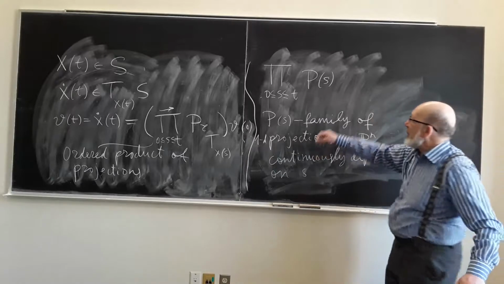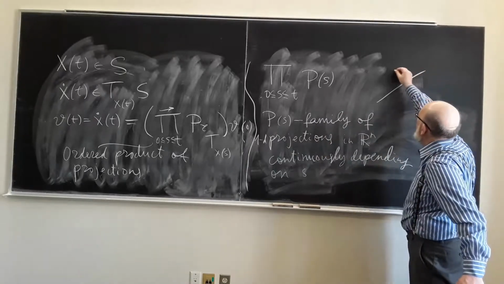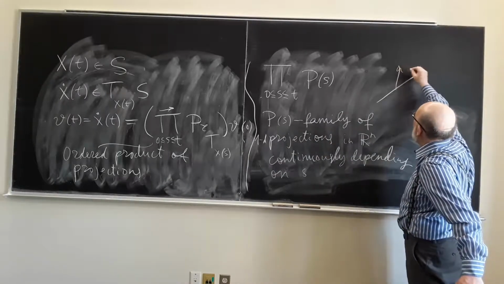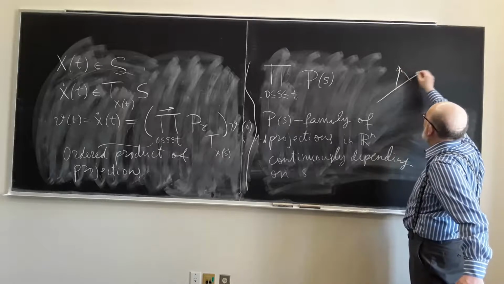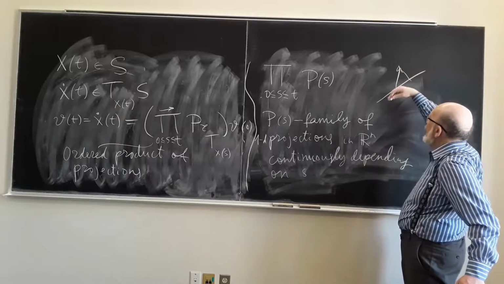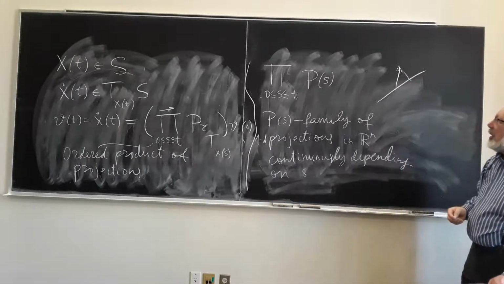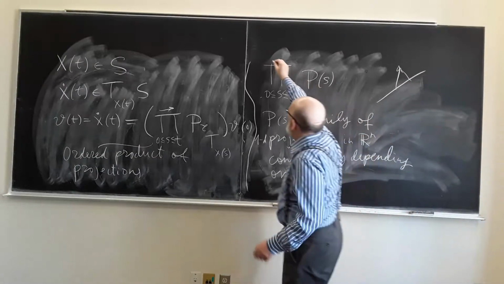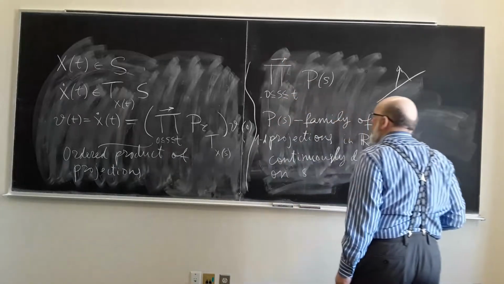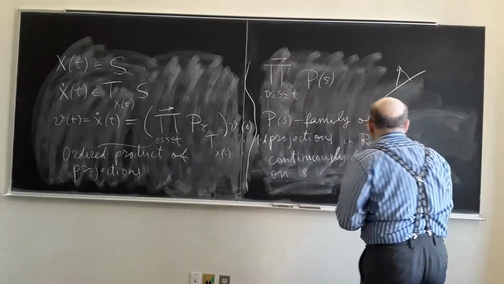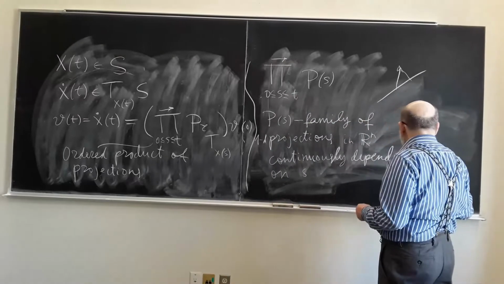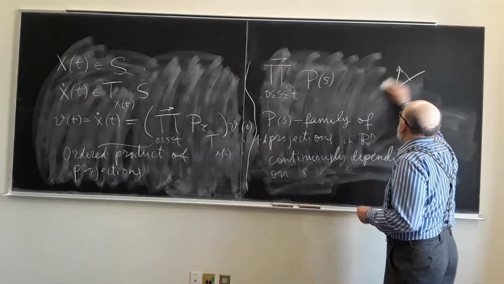What is a 1D projection? A 1D projection is a projection of a vector on a line. This line rotates continuously when S changes. So it is a family of projectors.